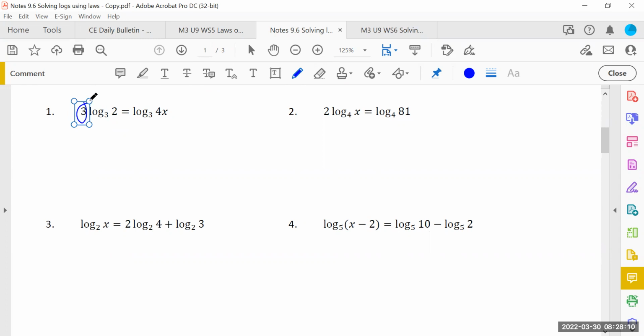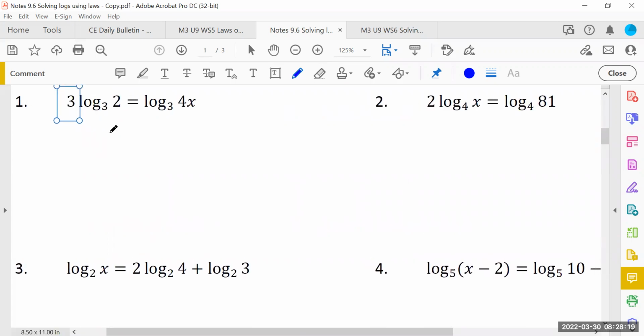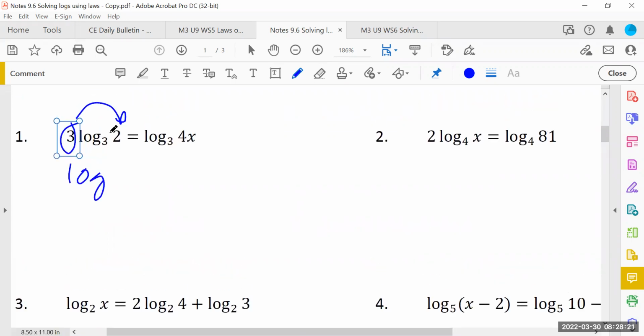Take that 3, put it up as an exponent using the power rule. This becomes log base 3 of 2 to the 3rd power equals log base 3 of 4x.